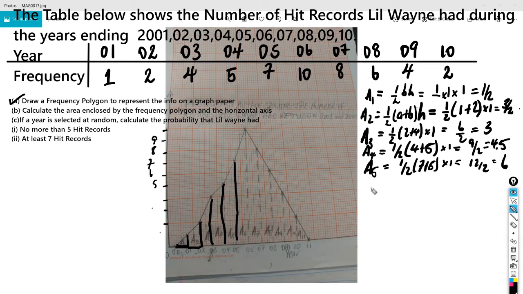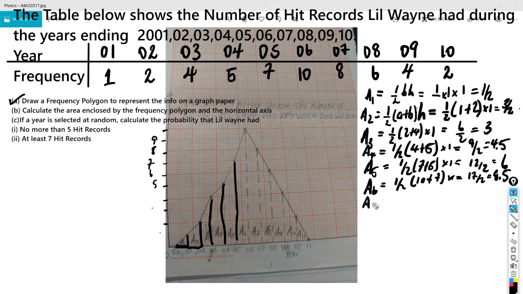Then A6 is equal to a half multiplied by 10 plus 7 actually over 2 multiplied by 1, which is actually 17 over 2, which is 8.5.